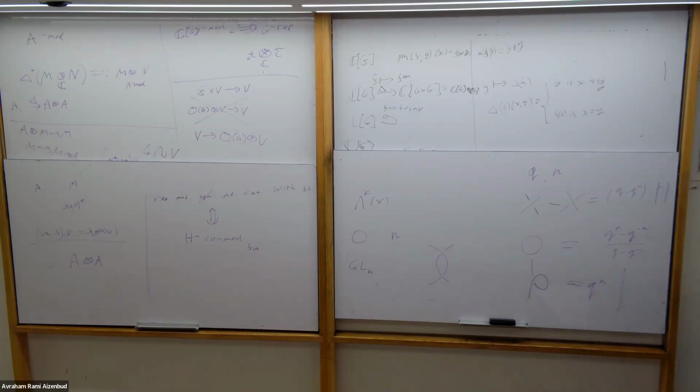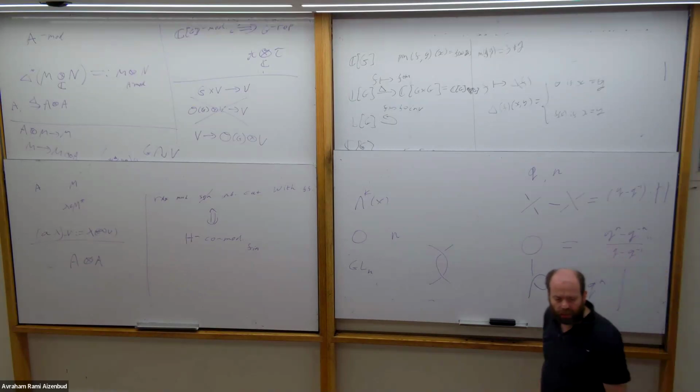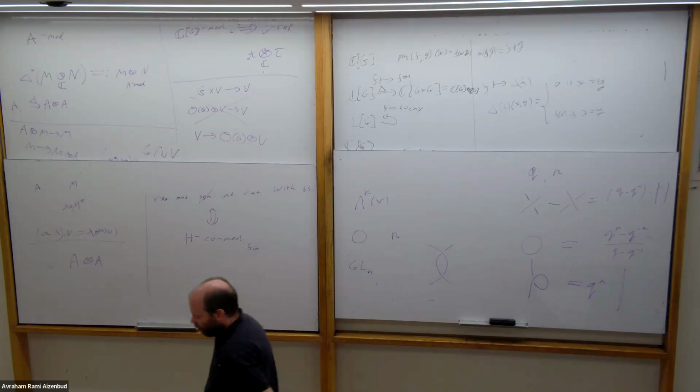And what do you get? You need to take this category and factor it by all the objects of 0 dimension. So what does it mean to factor it?